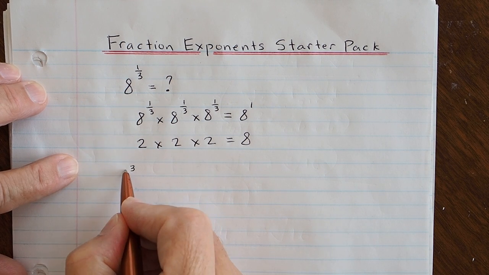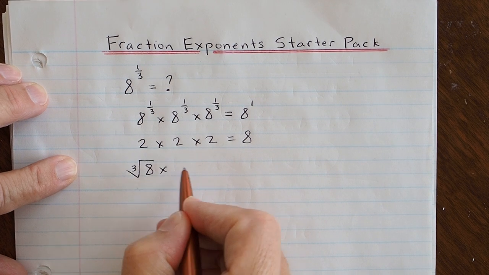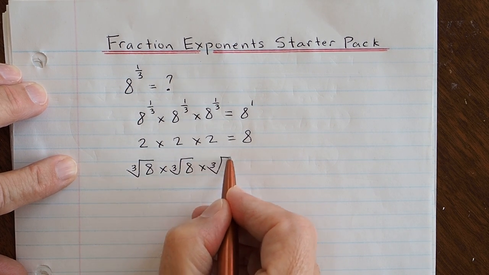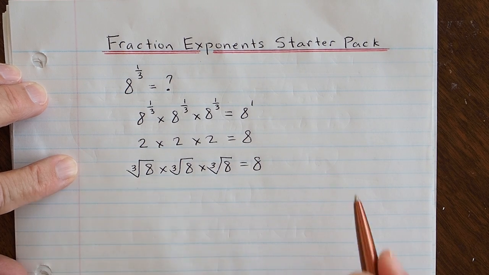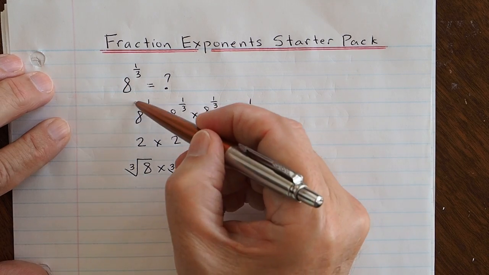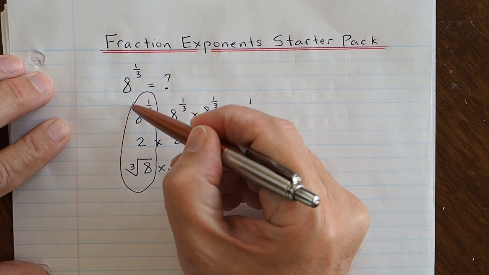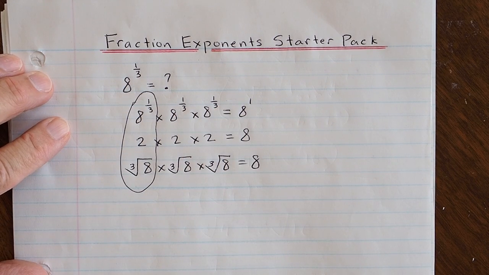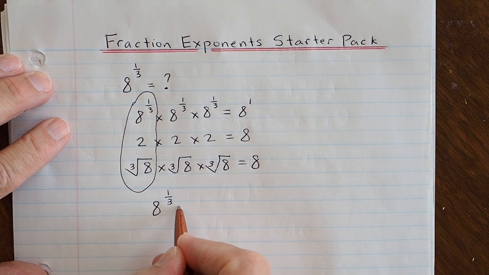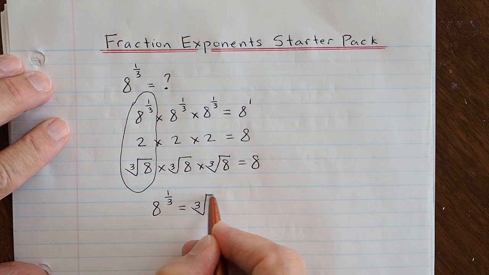So we could say the cube root of 8 times the cube root of 8 times the cube root of 8 equals 8. So if you compare these 3 equations, we can say these quantities are all the same. So it suggests that 8 to the 1/3 equals the cube root of 8.